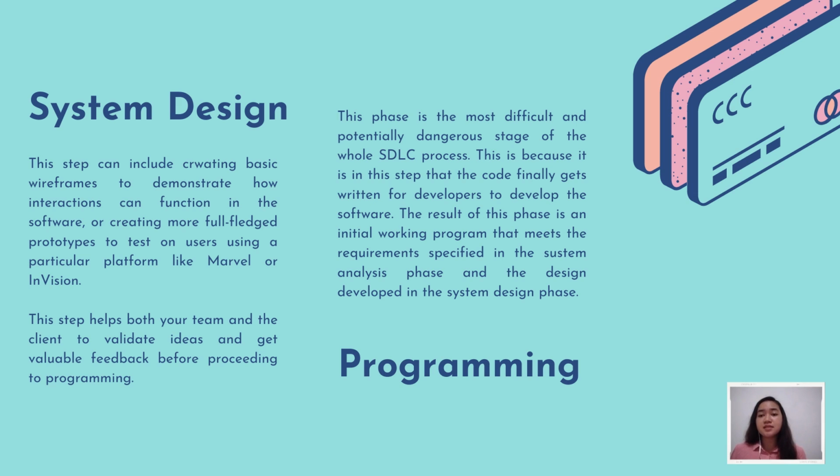It is in this step that the code finally gets written in the programming phase. Using the system design document as a guide, programmers develop the software. The result of this phase is an initial working program that meets the requirements specified in the system analysis phase and the design developed in the system design phase.